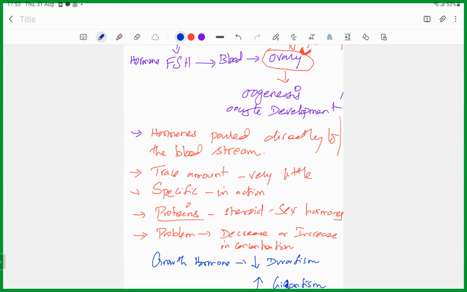Produced at one particular site, directly secreted into blood, transported by blood, reaches the target site, received by the receptor, induces the response. Example, FSH is produced in the pituitary in the brain, transported by the blood, reaches the gonads, in female the ovary, induces oogenesis, oocyte development. Can you understand? That's how a hormone works.